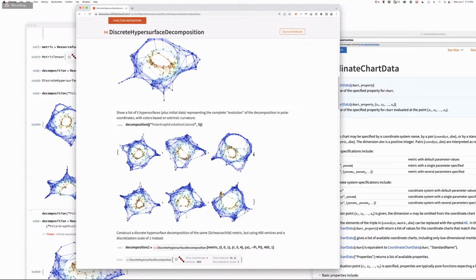The scheme is determined entirely by the curvature tensors. We've got some very simple set of rewrites that coarsen and refine the hypergraph. We compute the curvature at every vertex, and if the curvature is higher than some value, we apply a refinement there. If it's lower than some value, we apply a coarsening there.